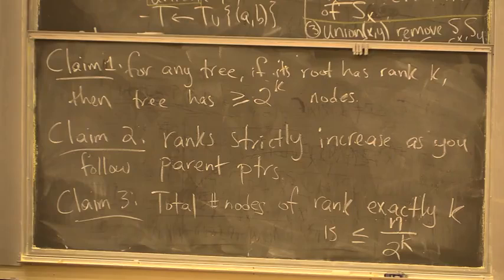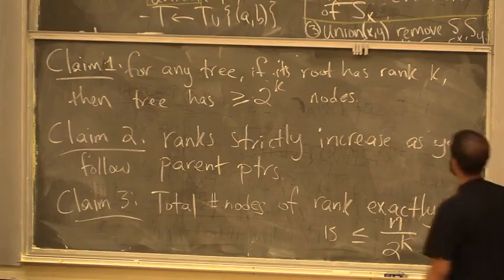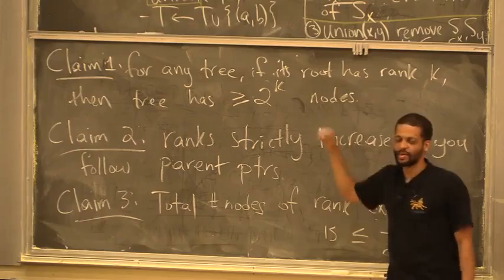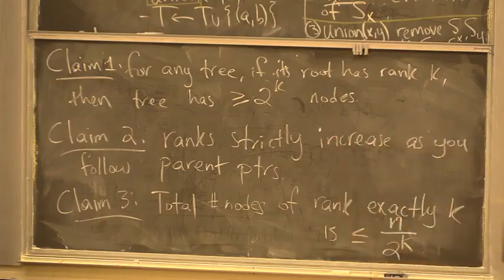Okay? So we can prove claim 1 by induction on k, where our inductive hypothesis is that when a node becomes rank k, its tree size is at least 2 to the k.